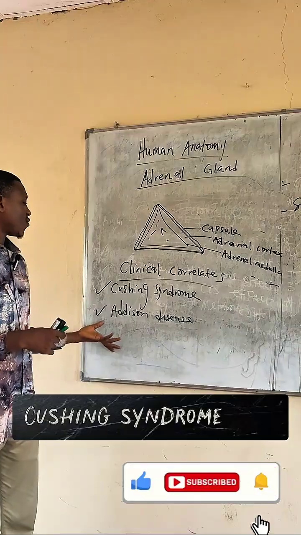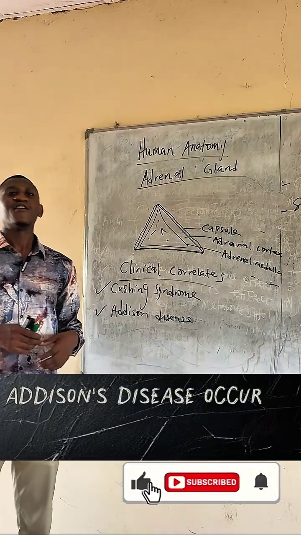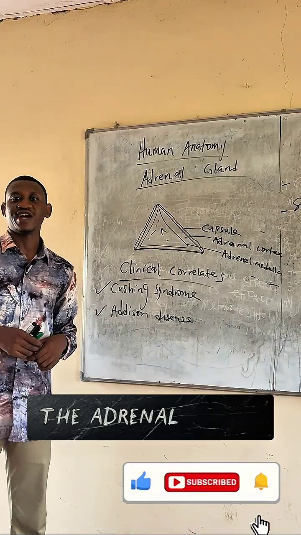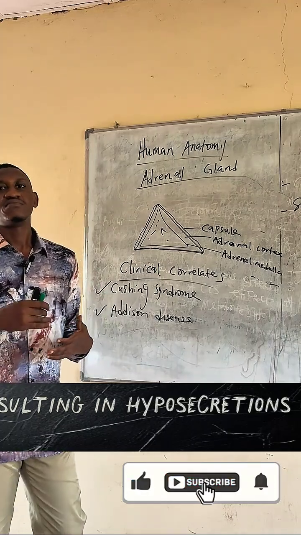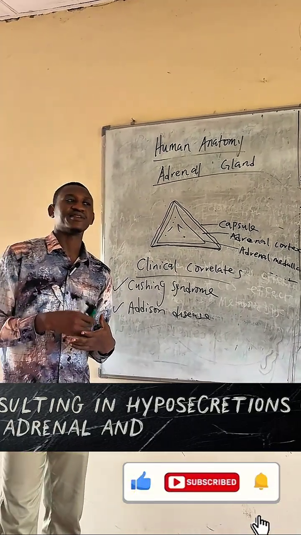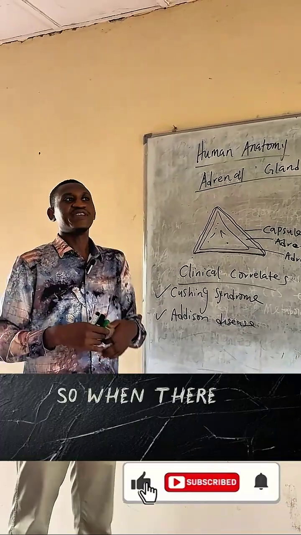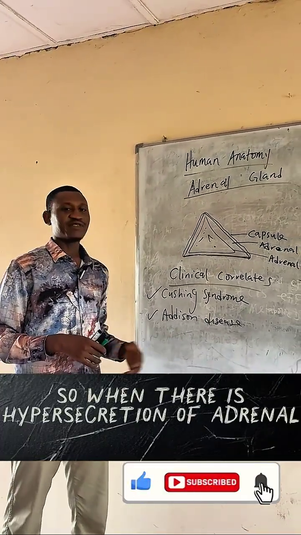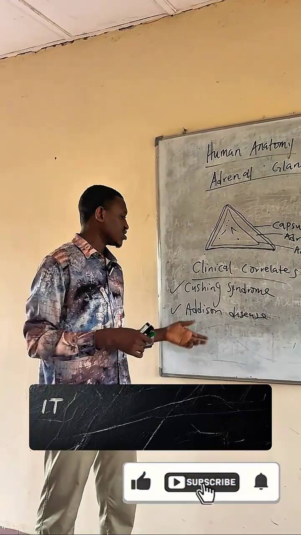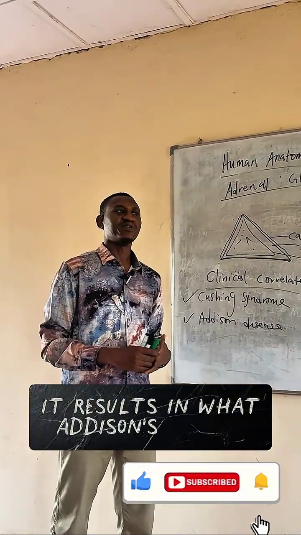Cushing's syndrome. Addison disease occurs as a result of damage to the adrenal cortex, resulting in hyposecretion of aldosterone and even cortisol. So when there's hyposecretion of aldosterone and cortisol, it results in what? Addison disease.